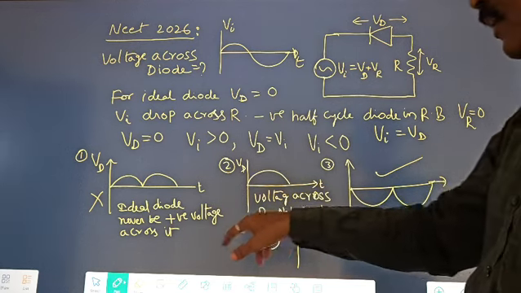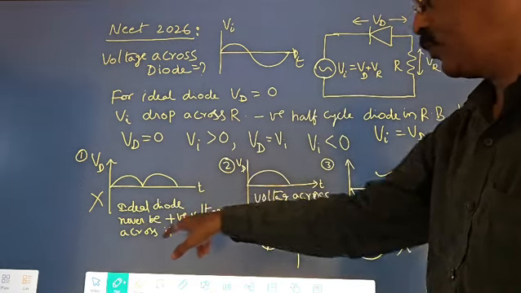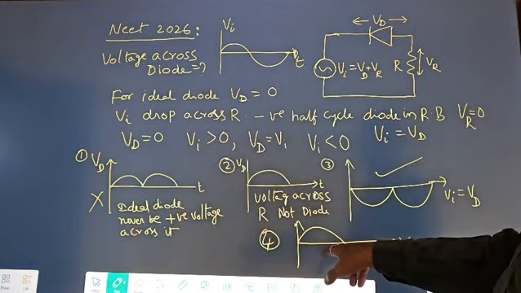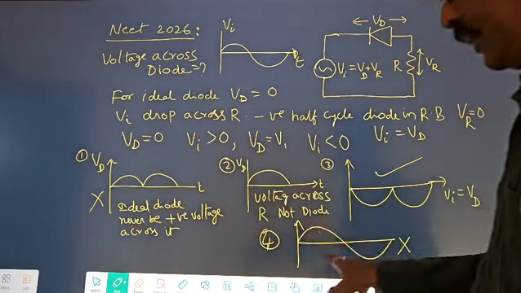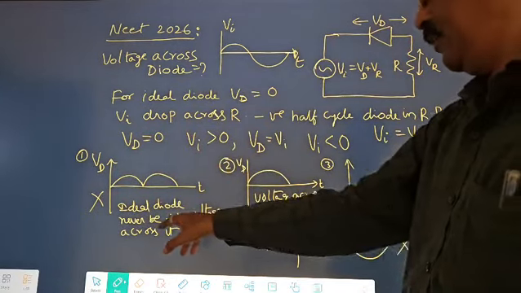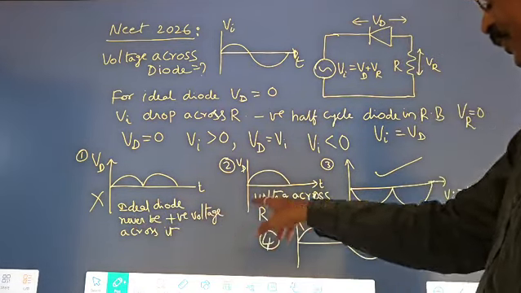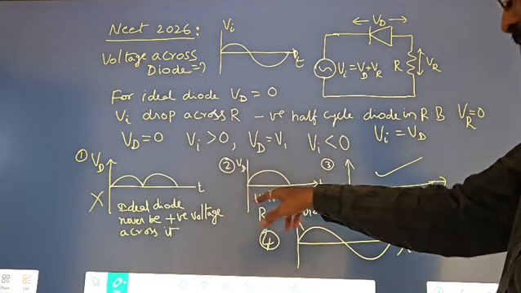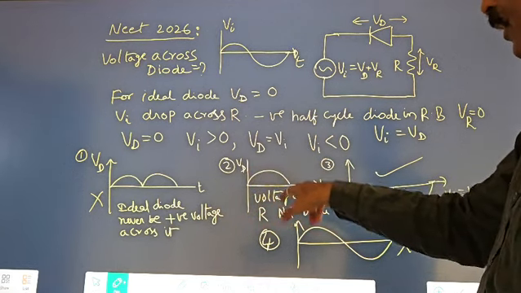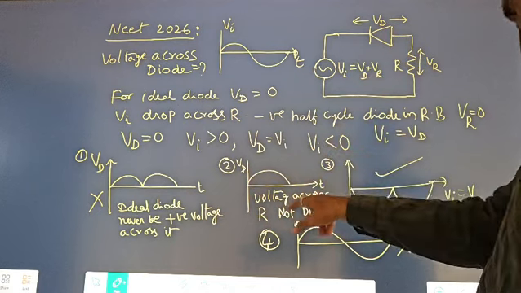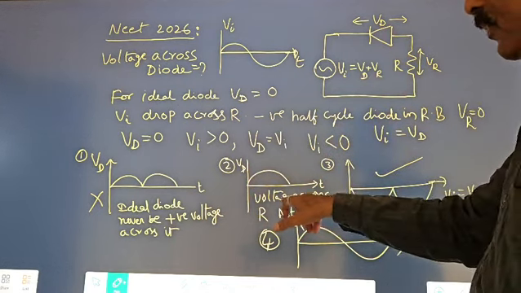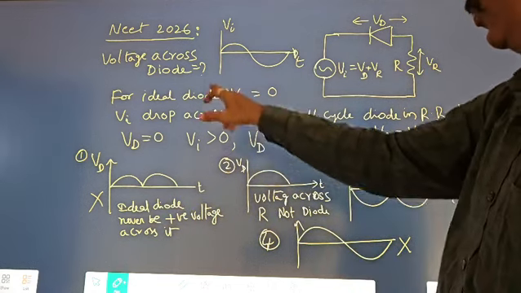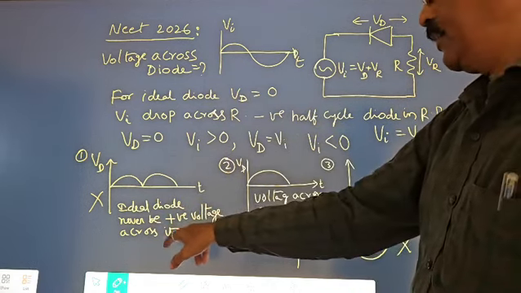See here, because ideal diode never be positive voltage across it. So first and fourth cancel. Ideal diode never be positive voltage across it. The second one is, this is the graph not across the diode, it is across the R. This graph is voltage across the R. These two are positive voltages.